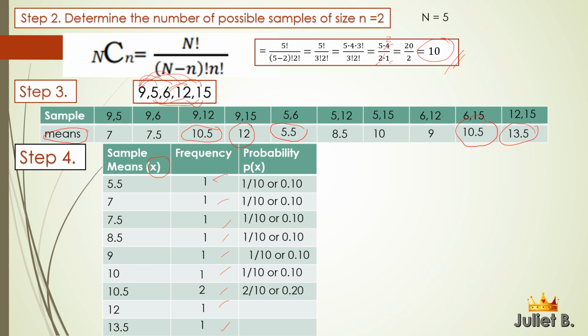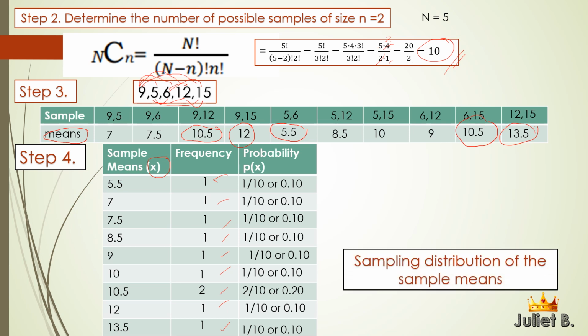Ang 10.5, dahil dalawa siya, 2 over 10 or 0.2, then 1 over 10 or 0.10, 1 over 10 or 0.10 ulit for 13.5. So this is now the sampling distribution of the sample means.